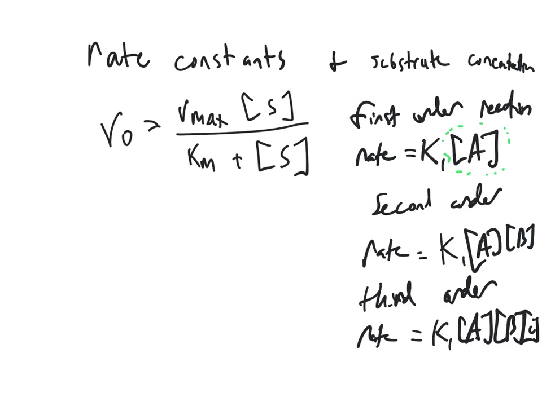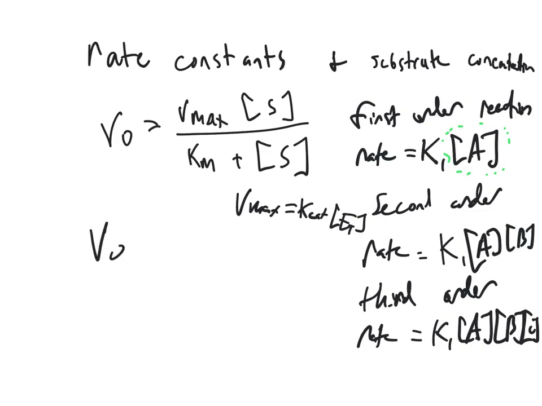Okay, so how does this affect our Michaelis-Menten equation? So if you take a look at this Michaelis-Menten equation, I'm going to redraw it a little bit. So Vmax is equal to kcat times total enzyme concentration.